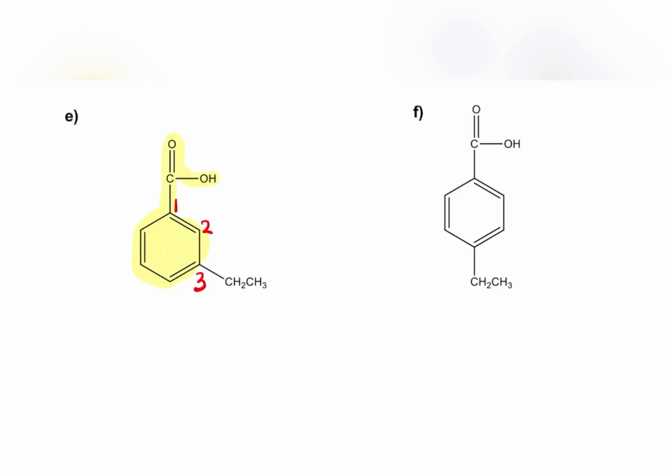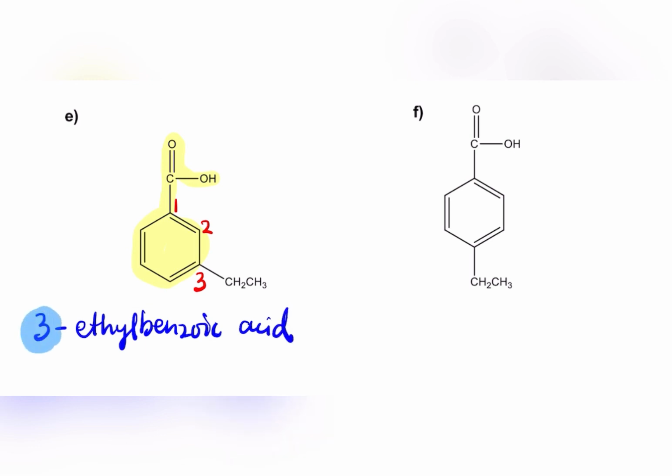So the name for this structure will be 3-ethyl benzoic acid. And if I want to give the ortho-meta-para system for this numbering, I'm going to write it down as meta, small letter m, dash ethyl benzoic acid.